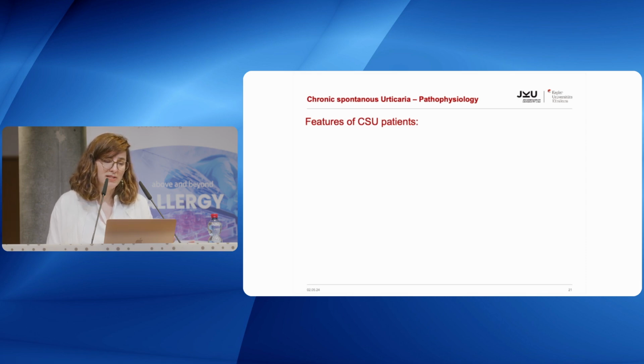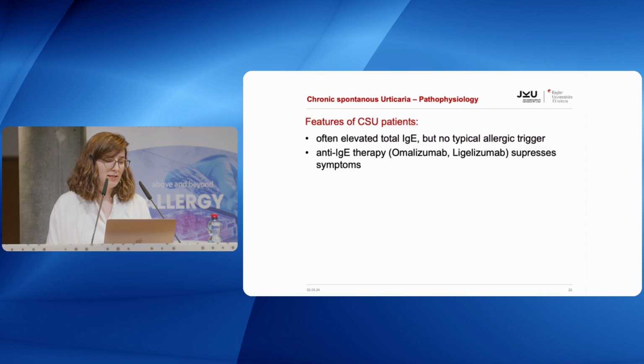One specific feature about urticaria is that these patients have some interesting features. Very often patients have a slightly elevated total IgE, but you cannot really find a typical allergic trigger, or even if you find a pollen allergy, that clearly does not have anything to do with their recurrent urticaria.